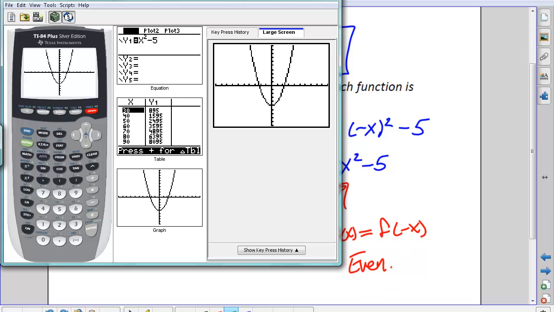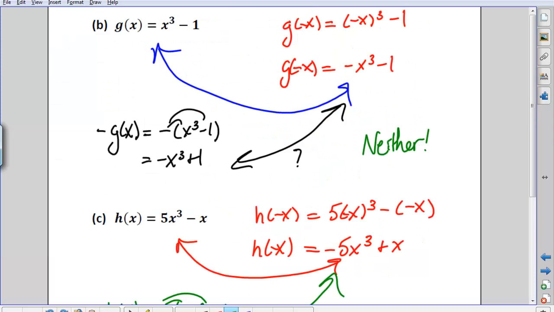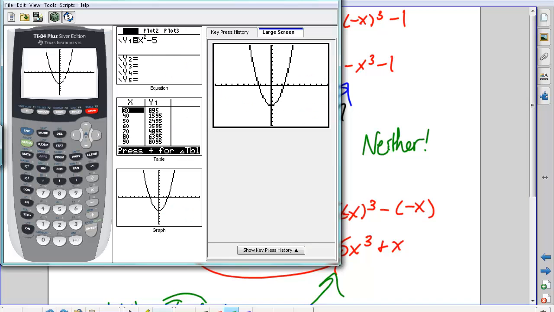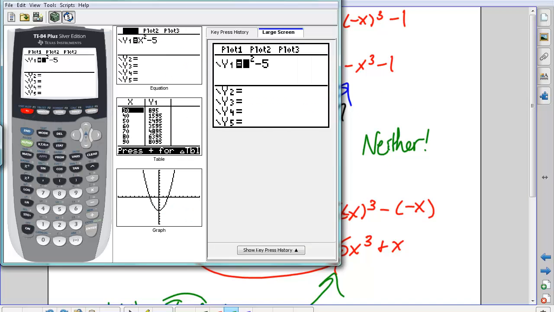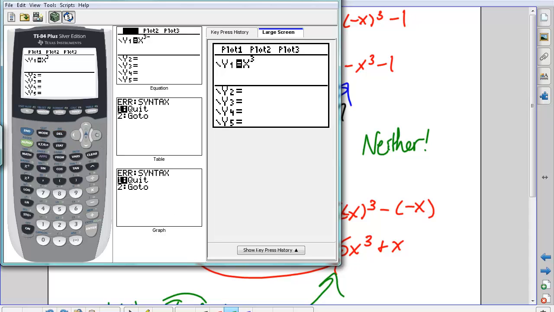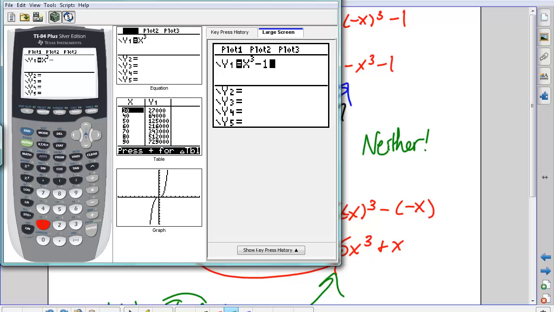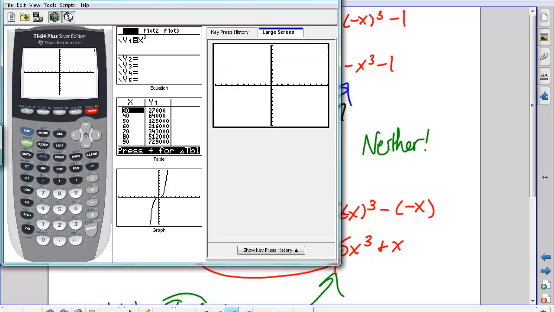So we see that. Then we can look at x cubed minus 1. Notice there's no y-axis symmetry, and also the rotational symmetry is not there either. So neither symmetry means it's not even or odd.